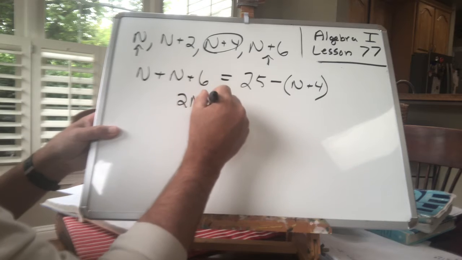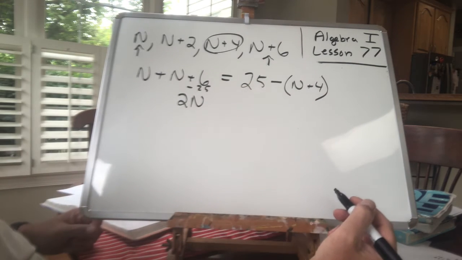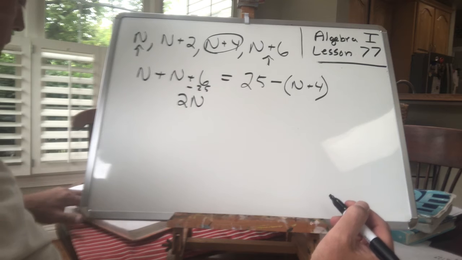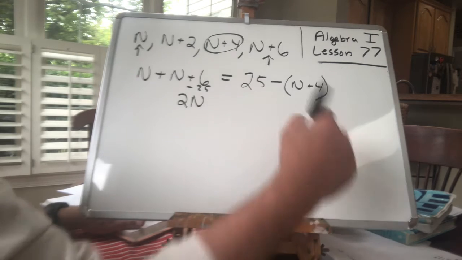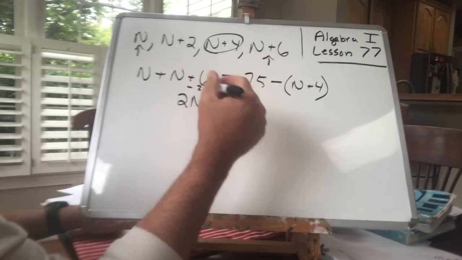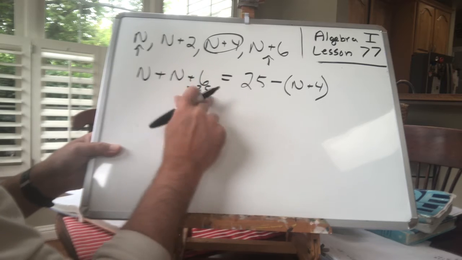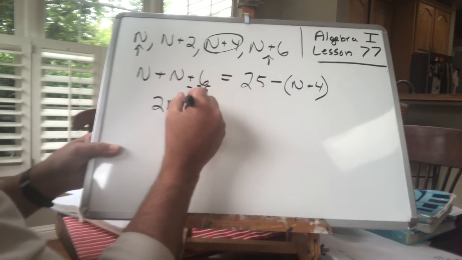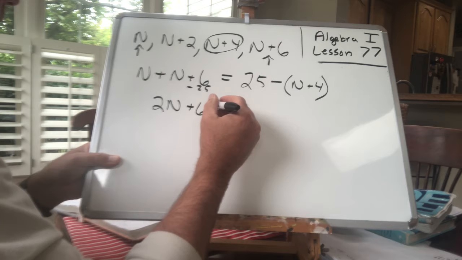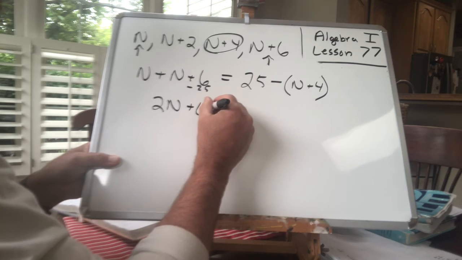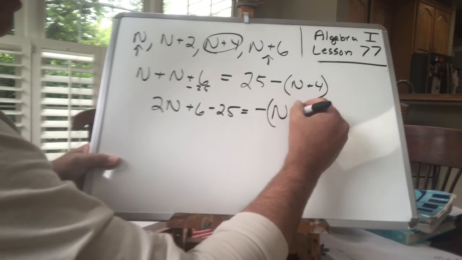I'm left with 2n plus 6 minus 25 is the opposite of n plus 4.